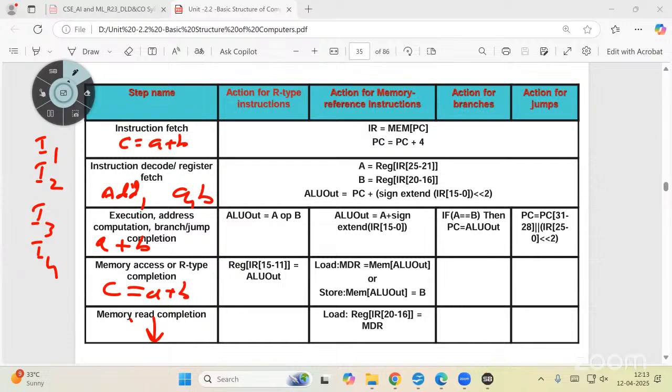How many minutes is 1000 by 60? About 1 hour 30 minutes to execute 100 instructions.